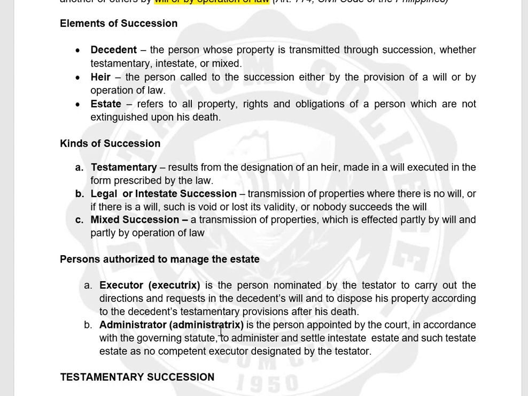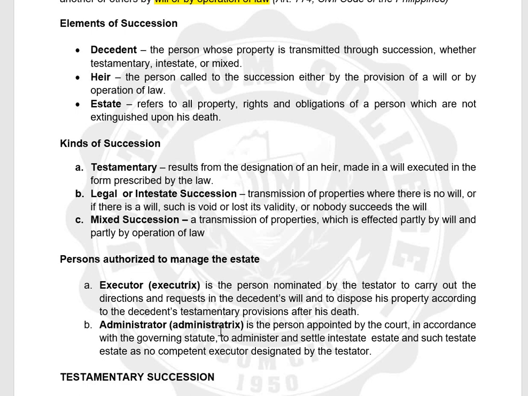Si administrator naman or administratrix is the person appointed by the court in accordance with the governing statute to administer and settle intestate estate and such testate estate as no competent executor designated by the testator. So, ang kaibahan lang ng dalawa is that si executor is appointed or nominated by the testator.